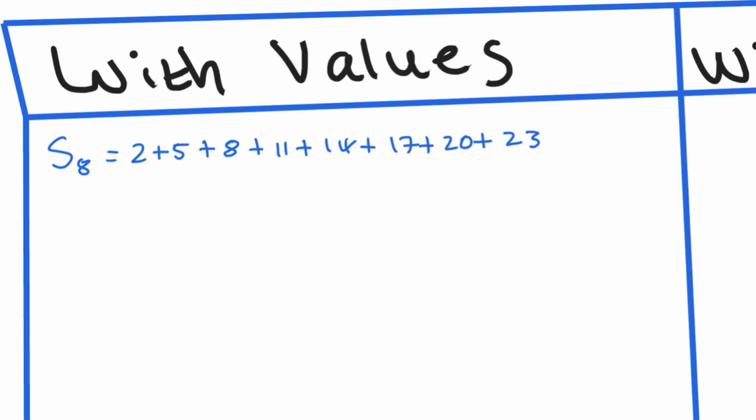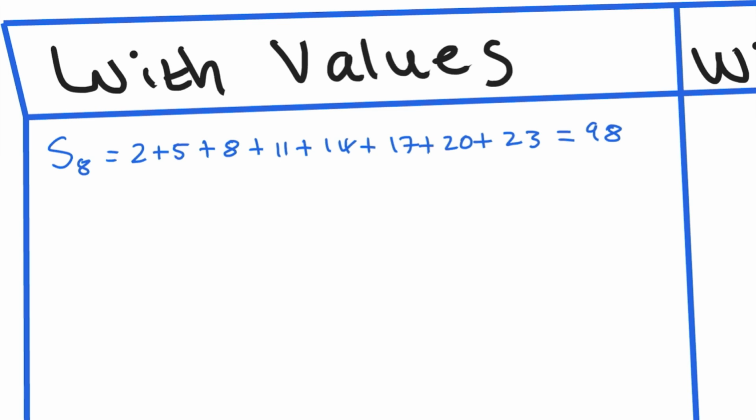Okay, there are 8. Then the sum of 2 plus 5 plus 8 plus 11 plus 14 plus 17 plus 20 plus 23 is going to give us 98, right?